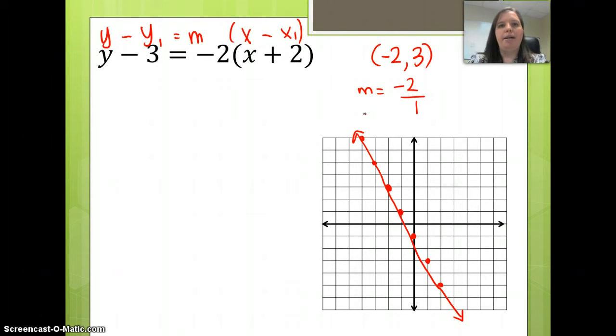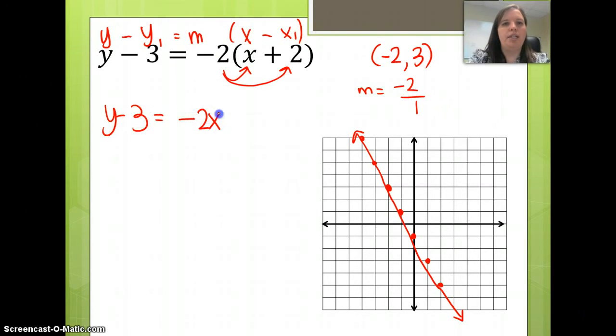You're going to see slope-intercept form, and I know some of you have possibly been tempted to do this already. To do this, we're going to simplify and do something we've done plenty of times this year, which is distributing. y minus 3 equals, and so times negative 2, that would be negative 2x, and times negative 2, that would be minus 4.